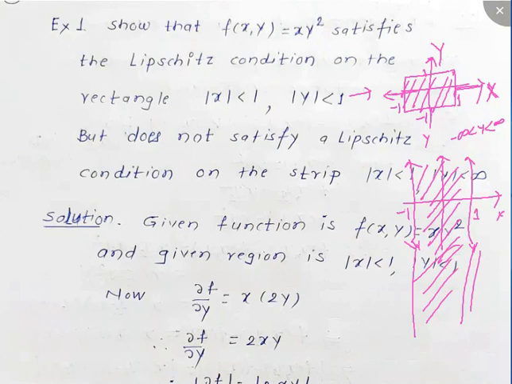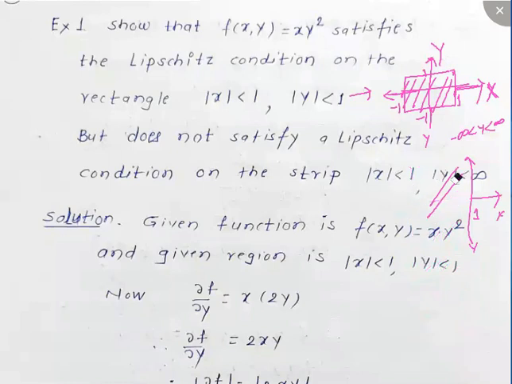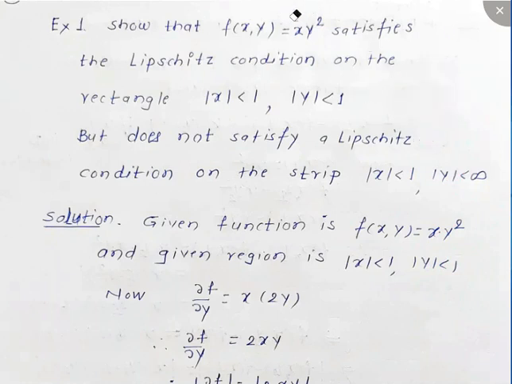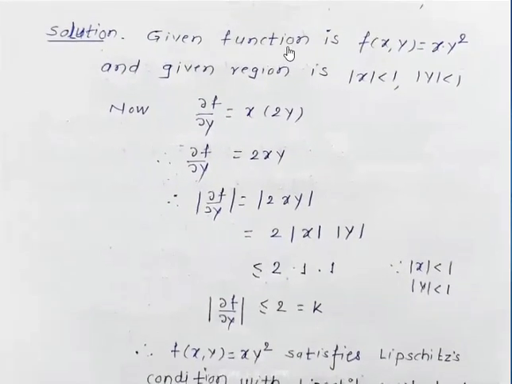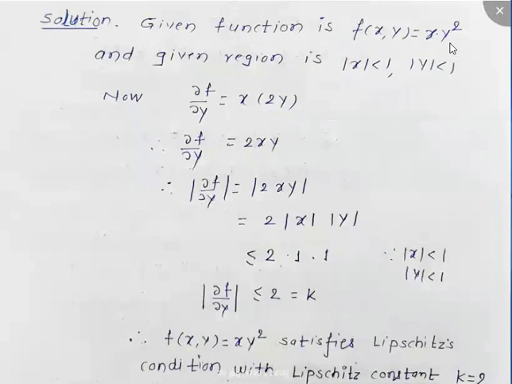So show that the function satisfies the Lipschitz condition on the rectangle but does not satisfy the Lipschitz condition on the strip. So the given function is f of x y equal to x into y square, and the region is a rectangle, mod x less than 1, mod y less than 1.